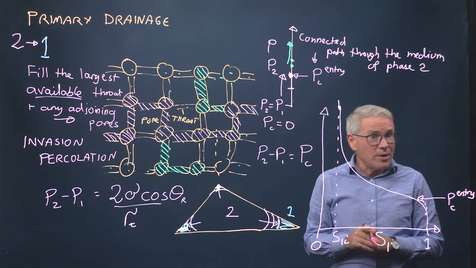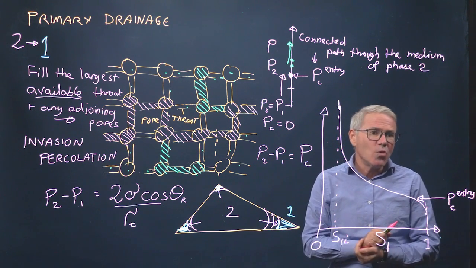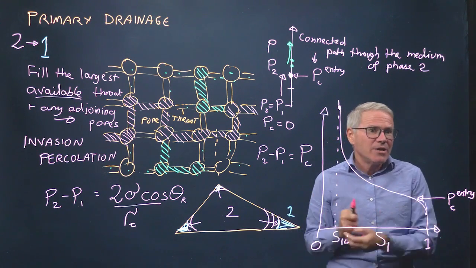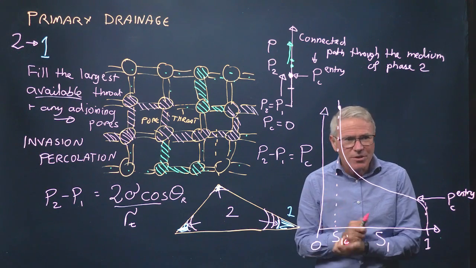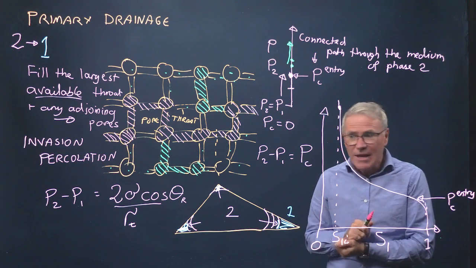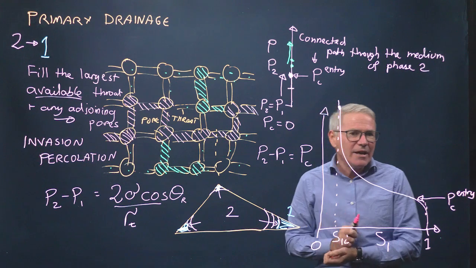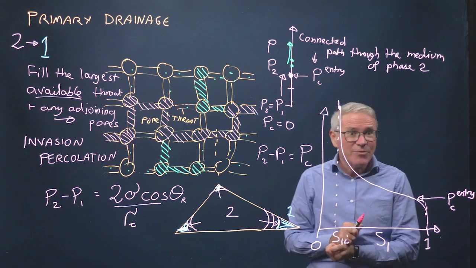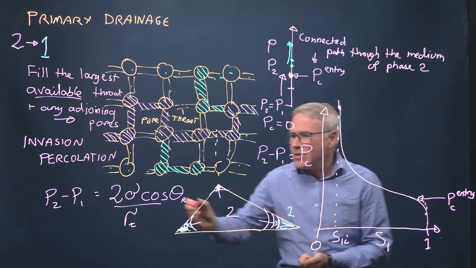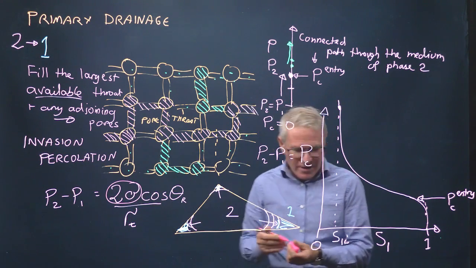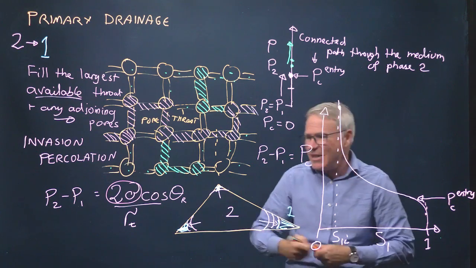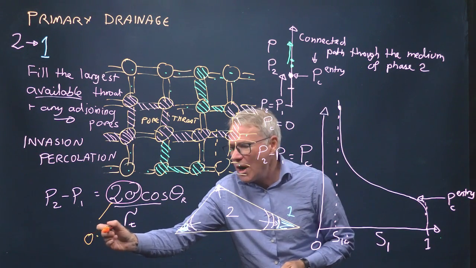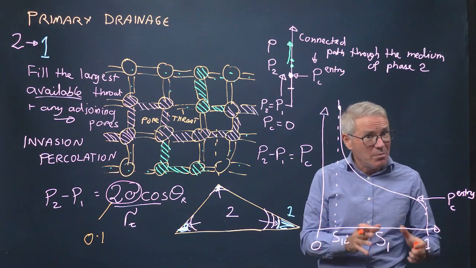If we have, for instance, carbon dioxide and water deep underground at typical reservoir conditions, so say 1,000 meters below ground, temperatures around 50 or 60 degrees C, the interfacial tension here is not 70 millinewtons per meter, but often a little bit lower, say 50 millinewtons per meter. 2 times 50 is 100. So this 2 sigma here, if I just want to get order of magnitude, is 100 millinewtons per meter. That's 0.1 in strict SI, newtons per meter.